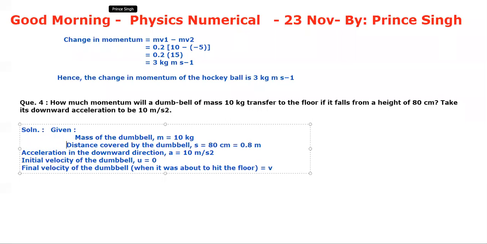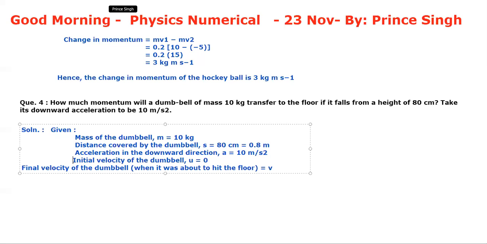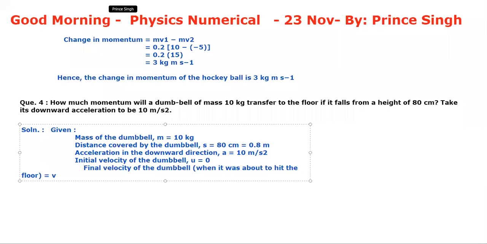Mass of dumbbell, distance covered by the dumbbell for the fall, acceleration the dumbbell used for falling, velocity, initial and final both.